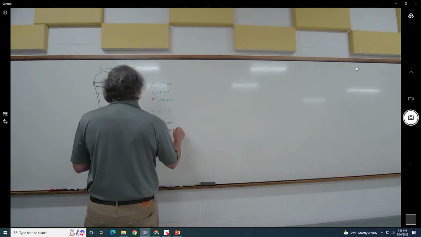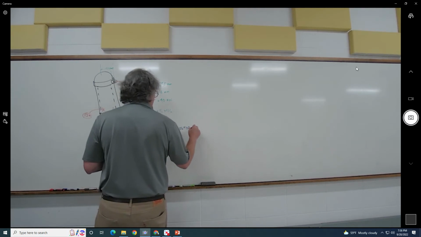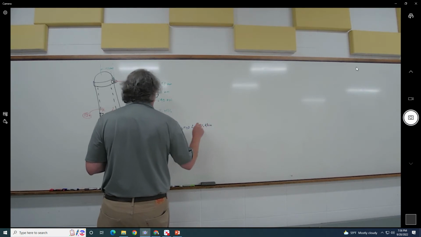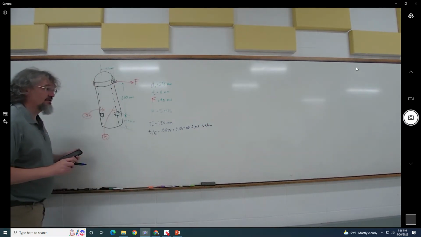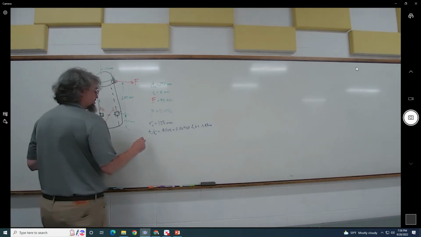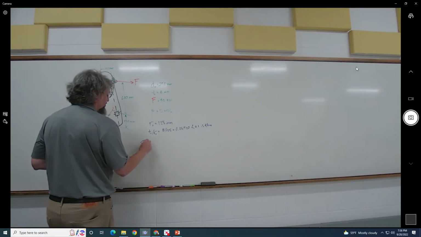That's 0.0640, so it's less than 0.1, therefore it's thin. We don't have to waste our time with the longer, thick wall equations. So we might want to go for the average.